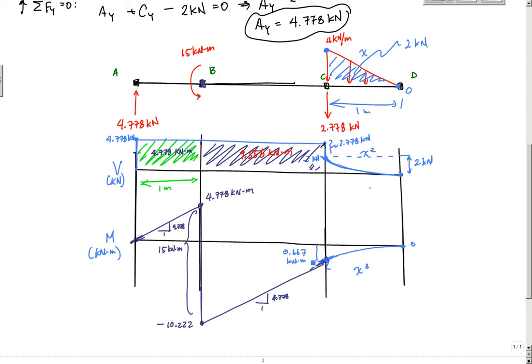And if I did everything correctly and I go down to 0 here, which it should, let's see, this area right here should be, the area of a parabola is 1/3 base times height, which in this case would be 1/3 times 1 meter times the height of 2 kilonewtons, and that would give me 0.667 kilonewton meters. So I go back down to 0, and that is my moment diagram.